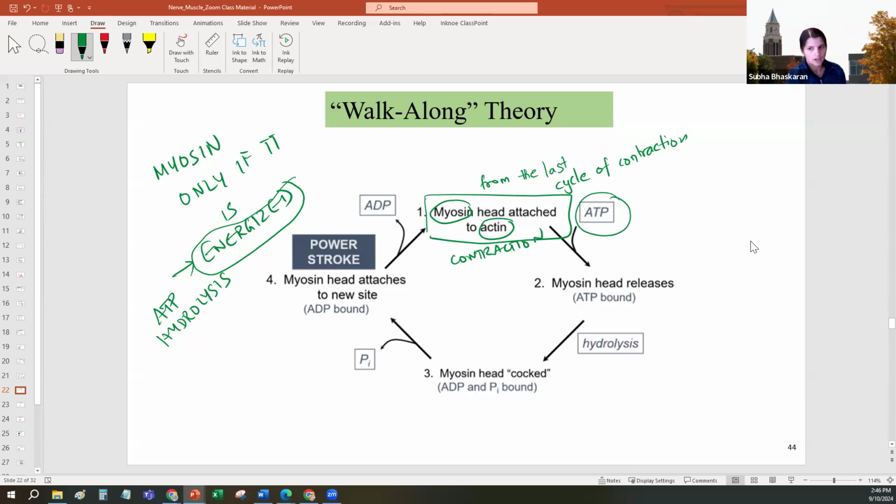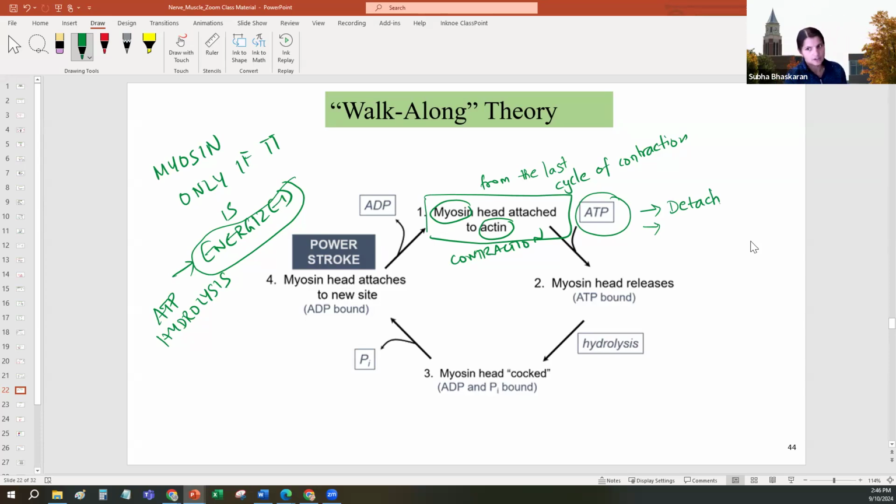ATP is required. There are two things that I want you to pay attention to. ATP has two consecutive steps. Number one, it first helps to detach. Remember, myosin and actin are bound like this. The ATP comes quickly to detach it. And then what does it do to the myosin head? It helps with re-energizing it.